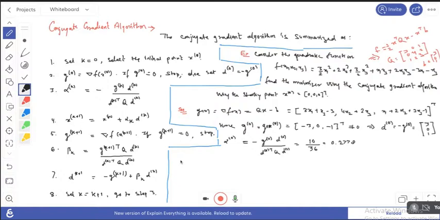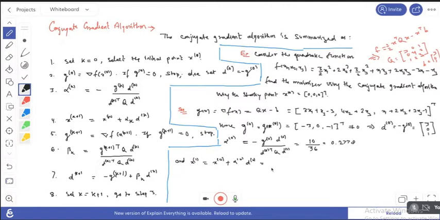So your next iteration point is x1, and that x1 is x0 plus your step size alpha 0 times d0. After solving, x0 is 0, 0, 0, and we put those values in.